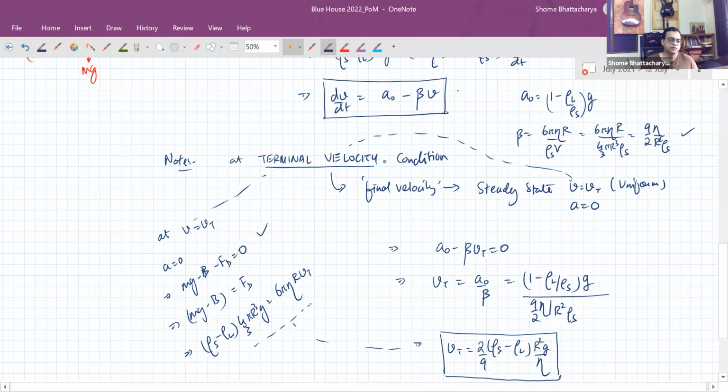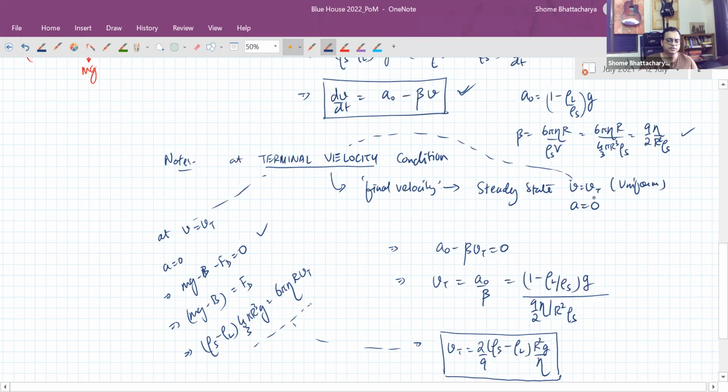Now that's one thing. The other thing is we can also use this equation above here to find velocity as a function of time. As it's going from the initial state where it's just dropped from rest till it reaches this steady state or terminal velocity condition, how the velocity is changing with respect to time and how the acceleration is changing with respect to time. In other words, the whole kinematics of the motion.